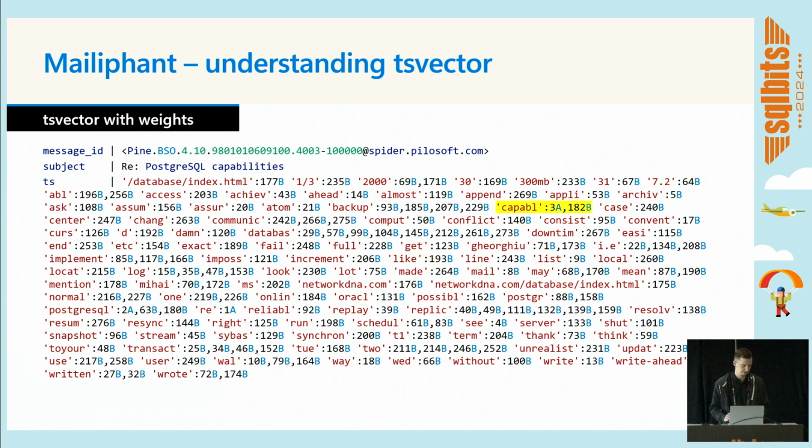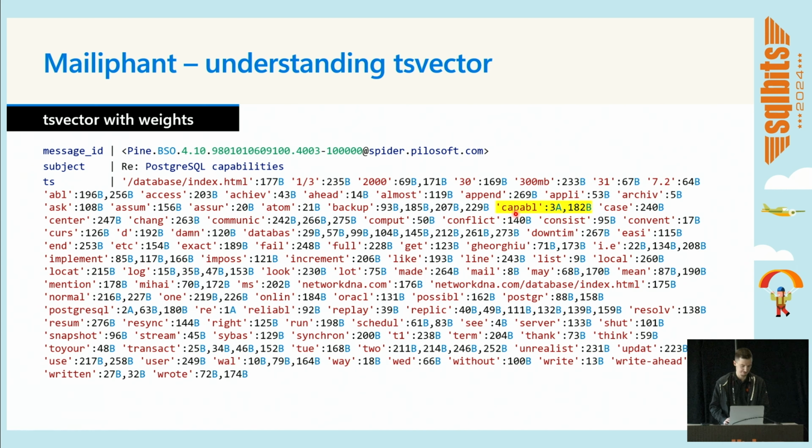Here's an email that has been tokenized, and this is the TS column that we just added. You see a bunch of words, or something that looks like words. These are stemmed words that have encoded their weights and positions in the document.